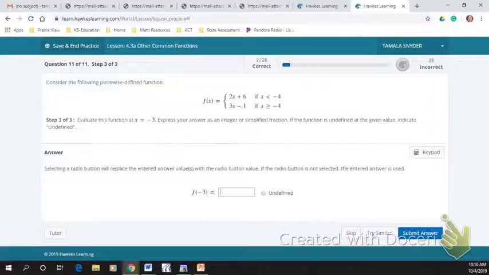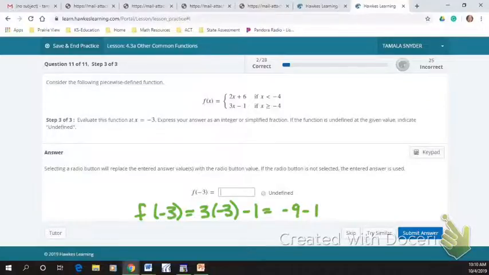So once again, we are going to plug into the bottom one. F of negative 3 would be equal to 3 times negative 3 minus 1, which is negative 9 minus 1. And negative 9 minus 1 is negative 10. So we'll plug a negative 10 in for that one.